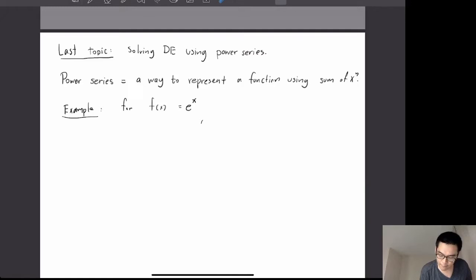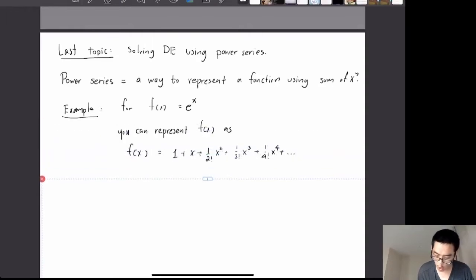So for example, f(x) equal to e to the x. The name of the game is we represent e to the x using a bunch of x to the n. What do we mean by this? Let's look at the example. This is something you learn in Math 1 with Ajahn Pong San, that e to the x can be represented as a power series using this: 1 plus x plus x squared over 2 factorial, x cubed over 3 factorial, x to the fourth over 4 factorial, and so on and so forth.